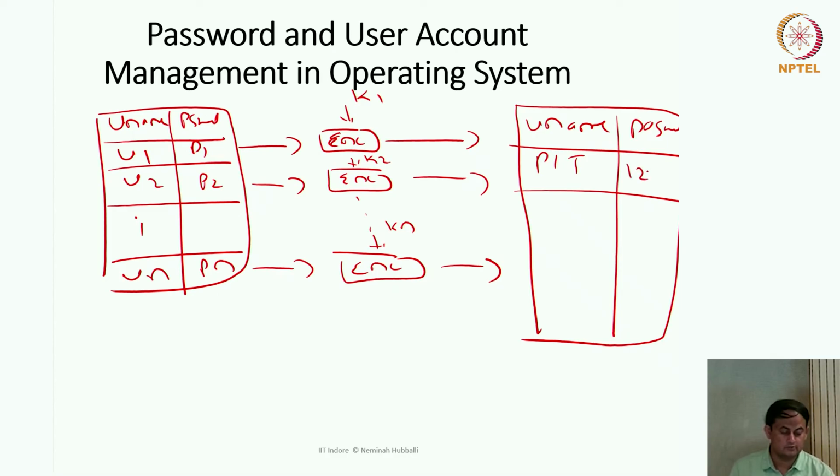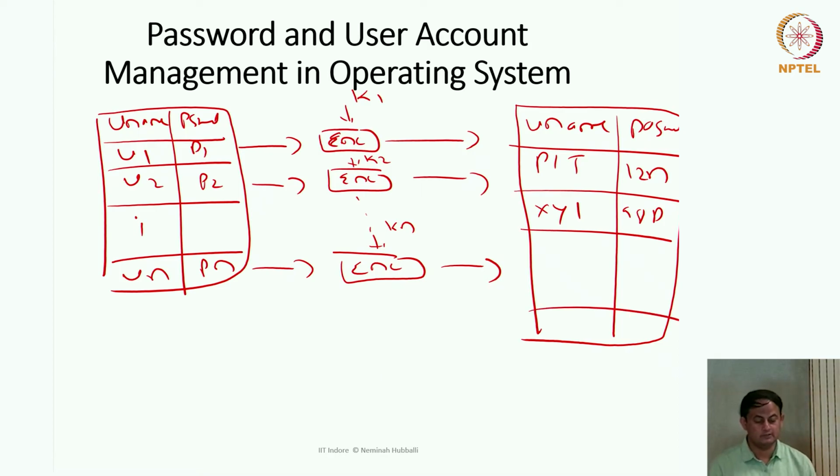This is 1 to n, and the second username might be encrypted into maybe xy1, and then this is 98p, something like that. So all the usernames and passwords are now encrypted with different keys and then kept in this file.